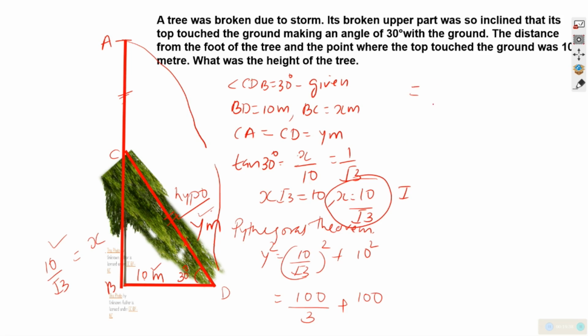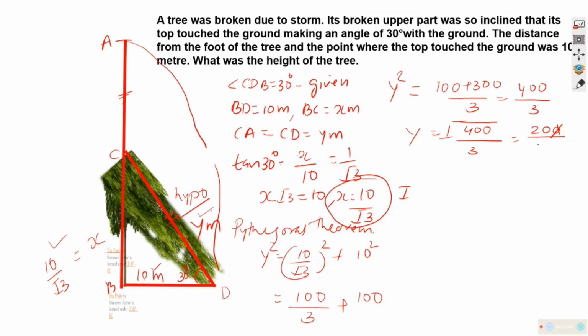Which will be equal to, that is we are calculating y square, which will be equal to 100 plus 300 upon 3, which is equal to 400 upon 3. Y is equal to root of 400 upon 3. That is 20 upon root 3. So we got 20 upon root 3 as y.